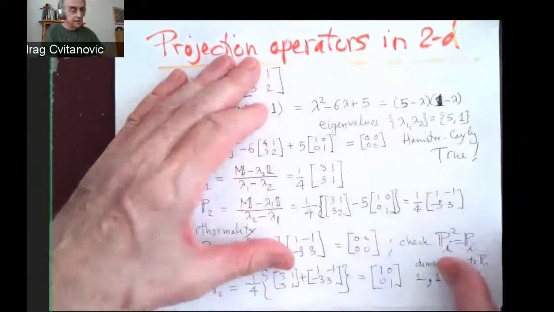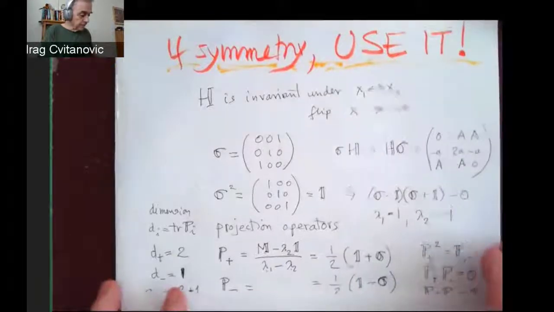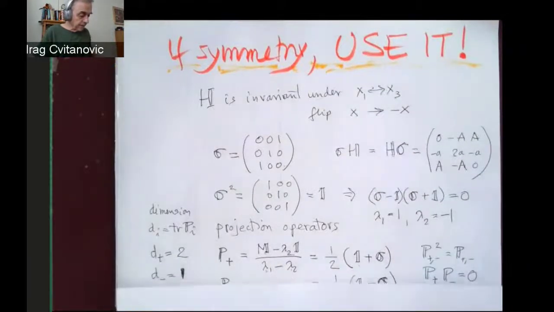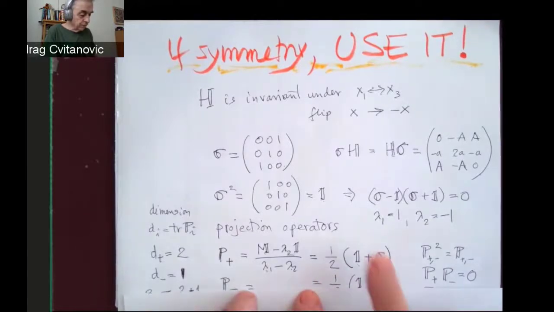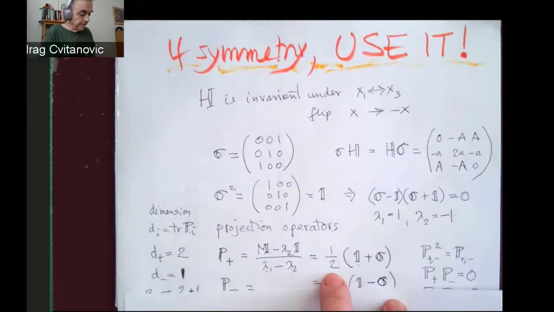So let's evaluate them. The first projection operator, which I'll call P plus, is to take the matrix. The matrix right now is the sigma, right here. The difference of the 2 eigenvalues is 2, so that's this 1/2. This is minus 1, so it's plus. I'll stick it in here.